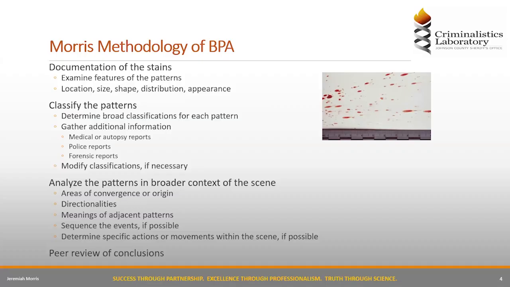It starts out really broad and general, and then I start gathering additional case information to see if I can whittle down the possibilities for the classification. So I'll modify that broad classification if necessary. Once I finalize my classification, then I'll start moving into the analysis phase. That's what I call the case conclusions phase, essentially trying to determine what these patterns mean in the scope of the case.